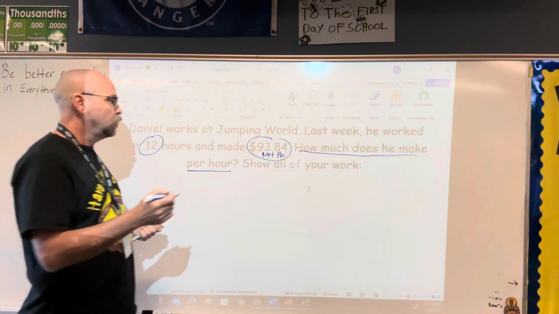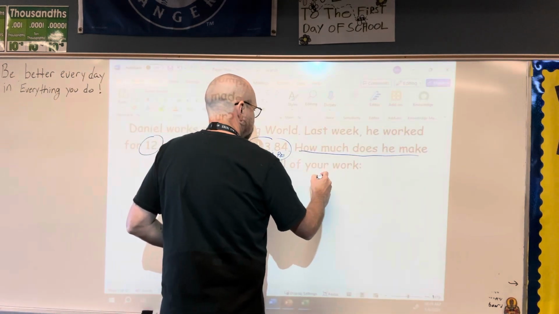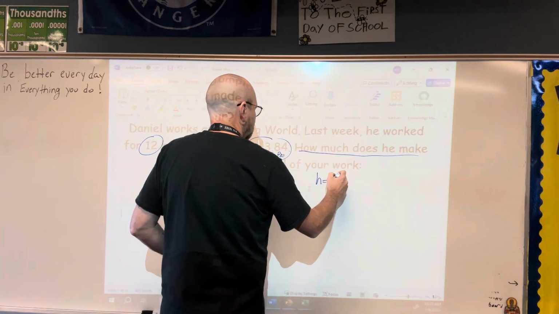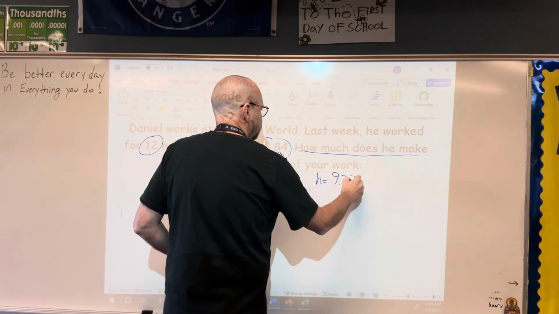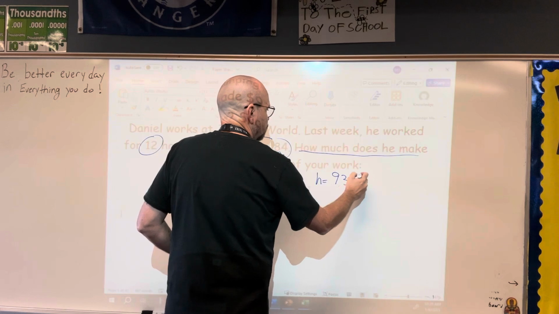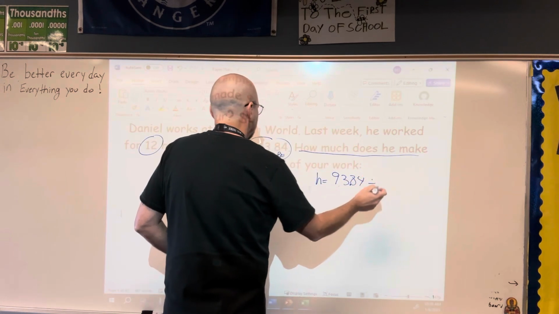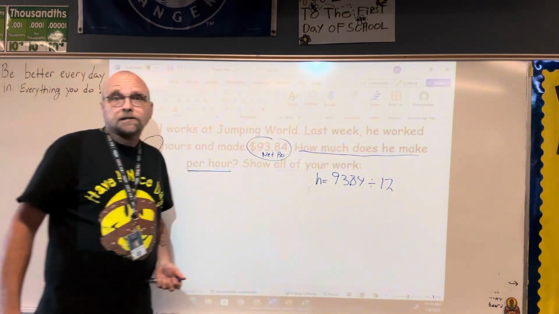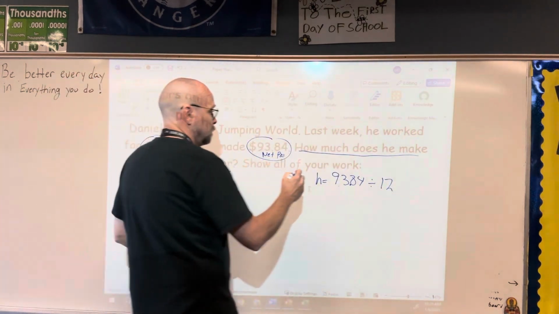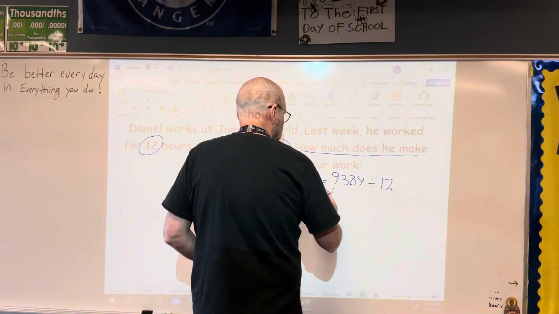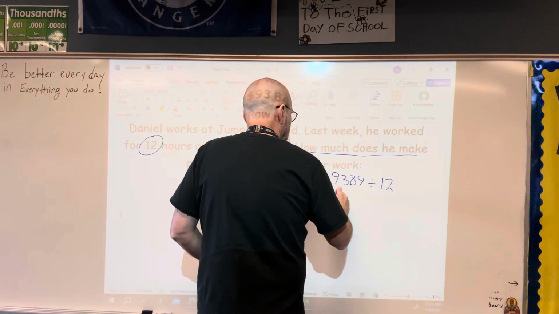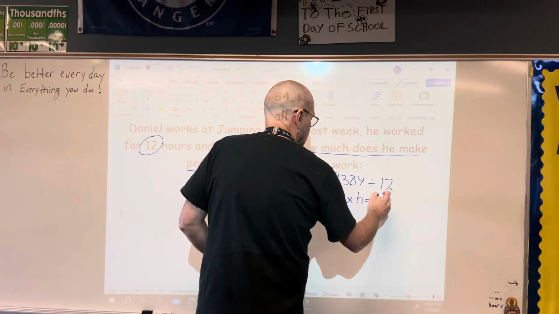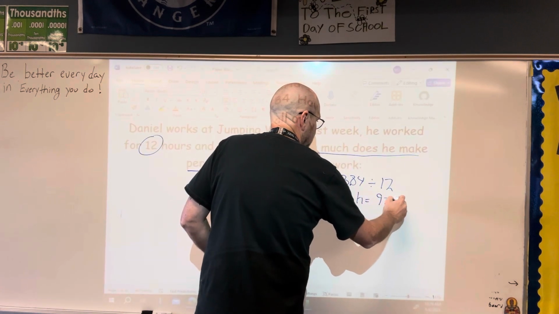So if we write our equation, it's going to be hour equals $93.84 divided by 12. You could see it as H equals, let's see, 12 times H equals $93.84.